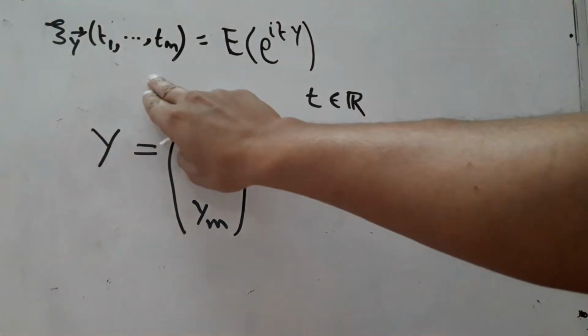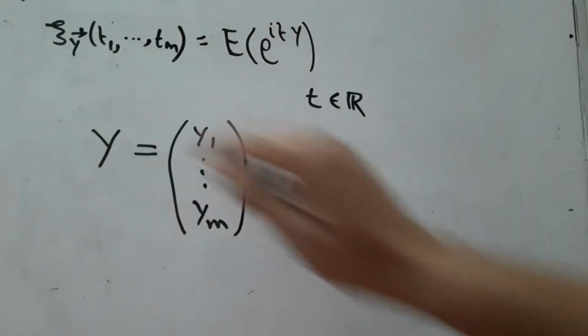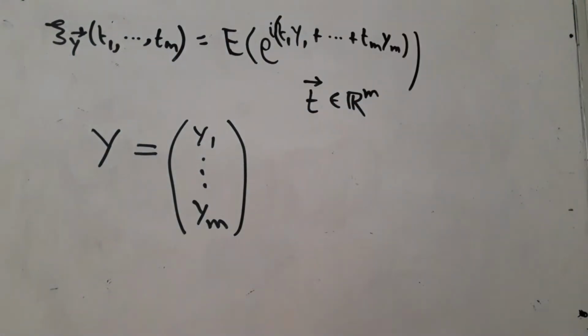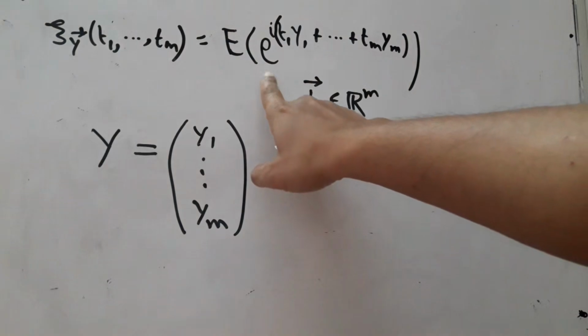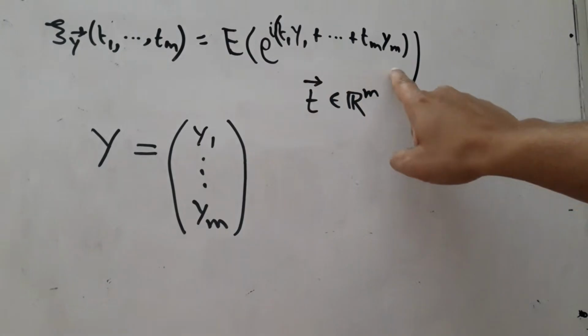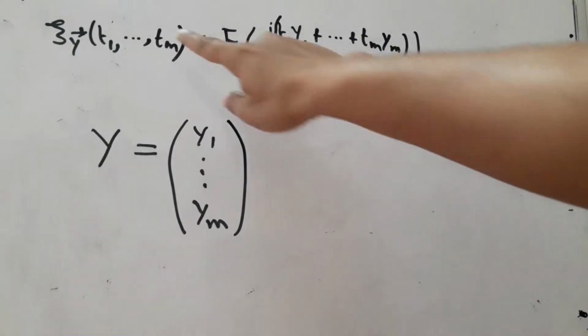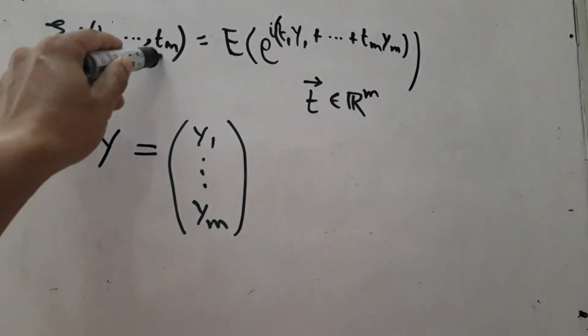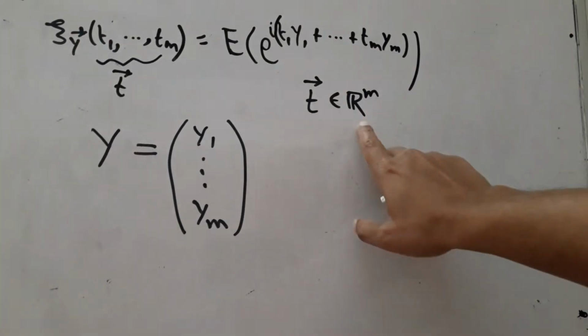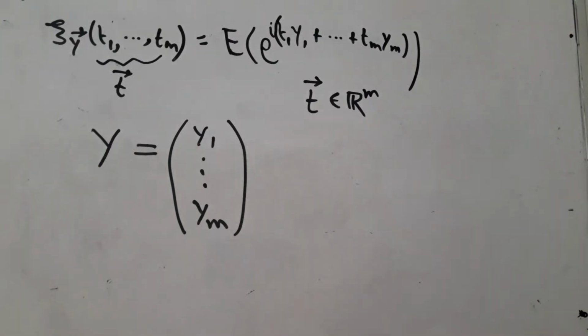So t1 to tm, and this is also the vector y. Now this will change to the expected value of e to the power i times (t1y1 plus dot dot dot tmym). So this entire thing, we can denote it as a t vector. So that t vector will be in Rm.